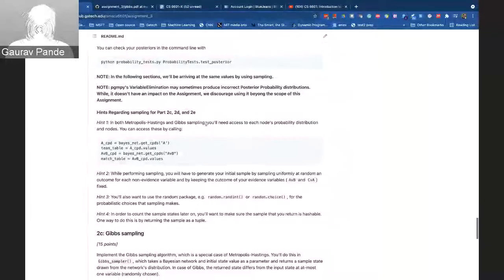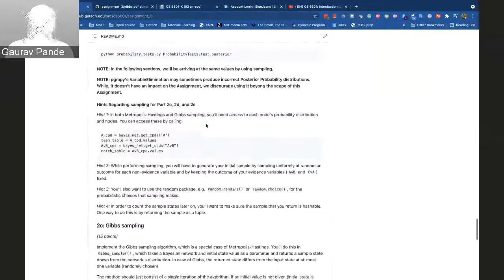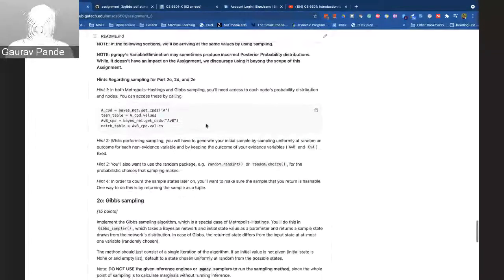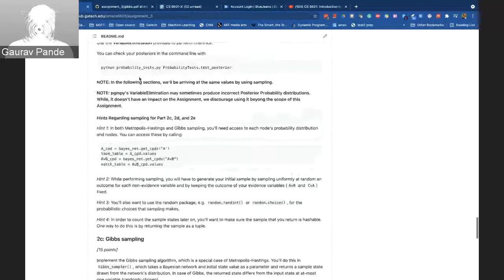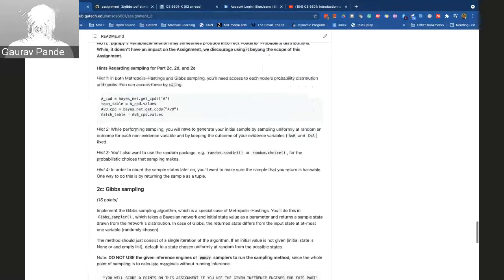I think the hints here are the same thing that I talked about in the slides: in both MH sampling and Gibbs sampling, you will need to access the CPD values of the matches A versus B and so on, which you can get using these methods here. You can use them. And one thing is that while performing sampling, you need to have an initial sample by sampling uniformly at random.